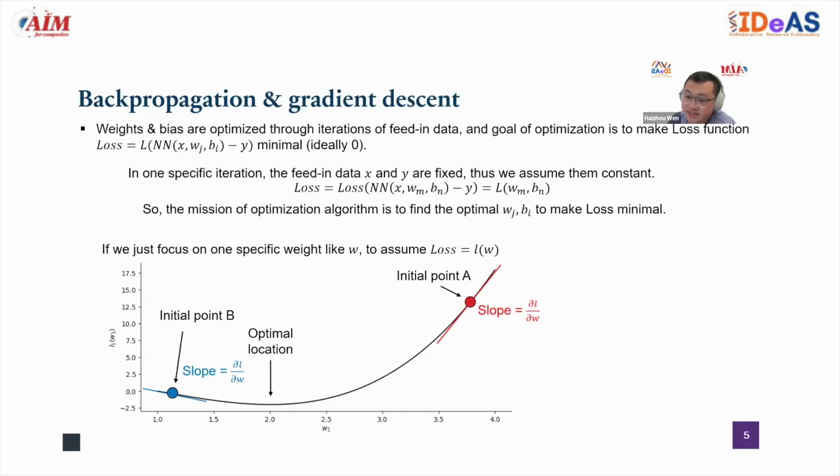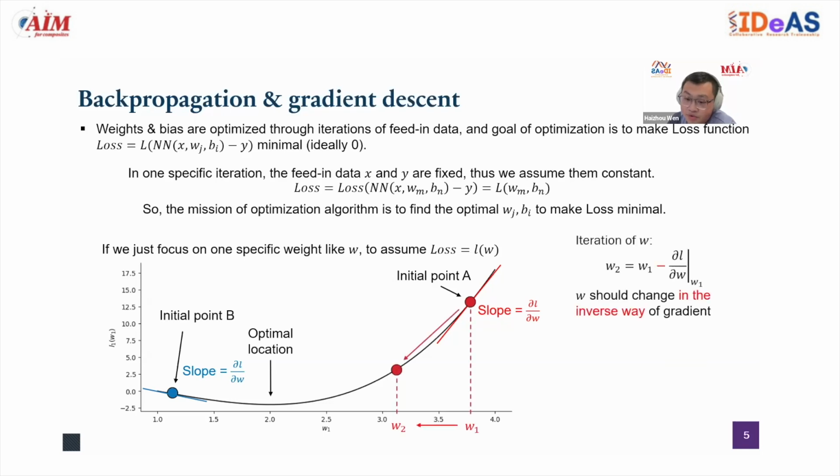You would probably say the slope where you are standing. In math language, it will be the first derivative of the loss function at that location, or to say the gradient if there are multiple weights. So the idea is we move a step towards the direction that the gradient gave us. In this way, we can march to our destination, the optimal location.